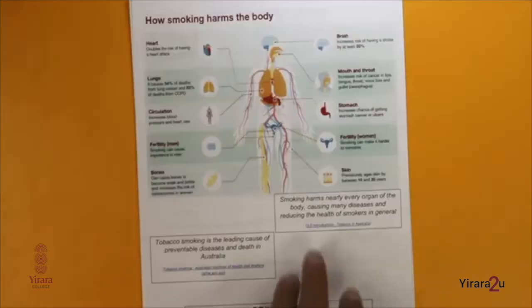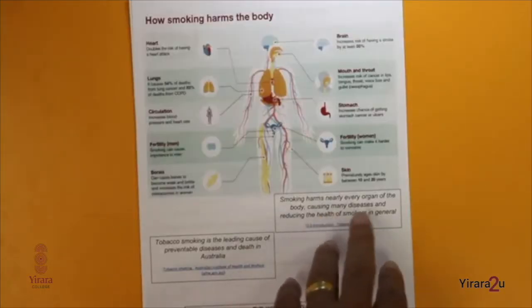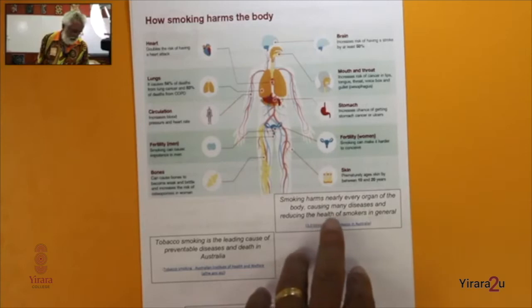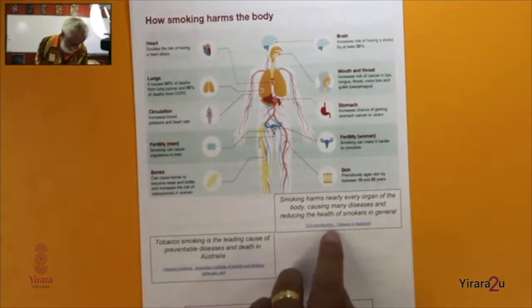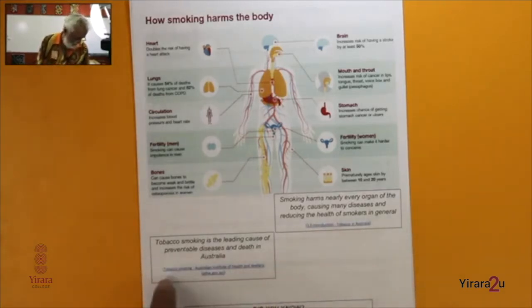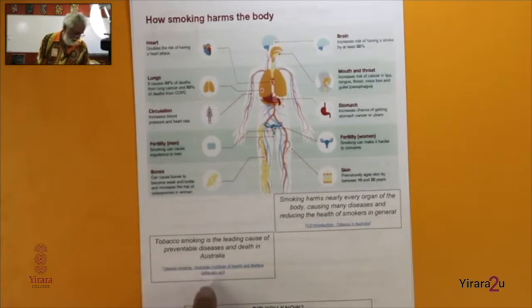To read a couple of quotes here, smoking harms nearly every organ of the body, causing many diseases and reducing the health of smokers in general. And that was from an introduction to tobacco in Australia. Tobacco Smoking, Australian Institute of Health and Welfare says tobacco smoking is the leading cause of preventable disease and death in Australia.